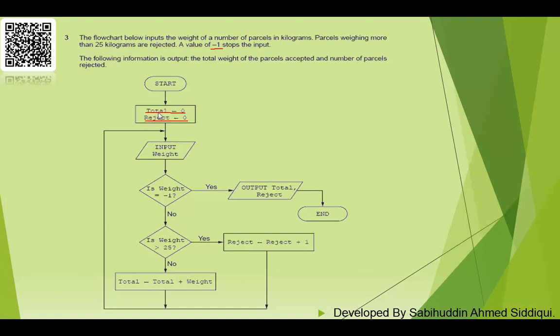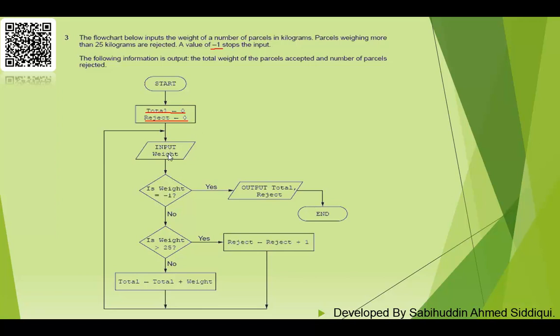Because you are setting them to 0. The arrow sign means total is assigned the value 0, total equals 0, reject equals 0. Now these are the two initialized values, total and reject.